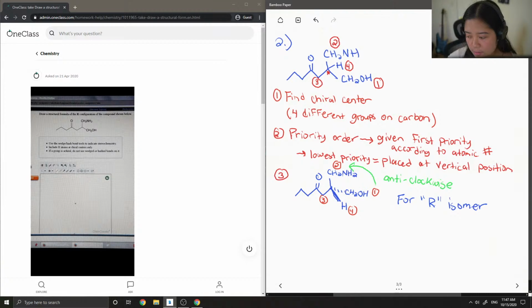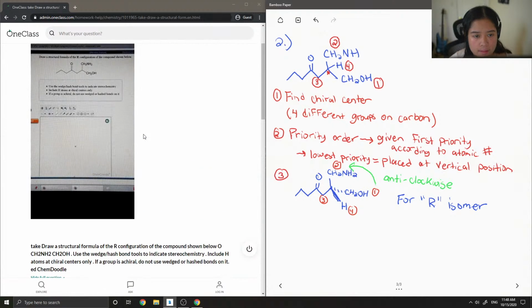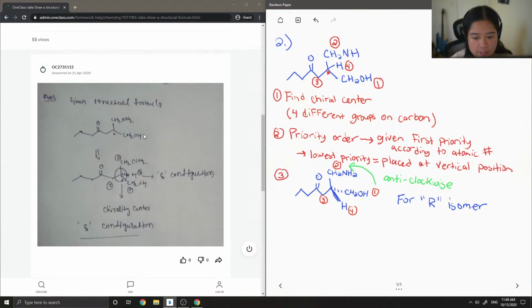Okay, so let's double check our answers. Given the structural formula, I think they drew it as S configuration. But they found the correct chirality center and they labeled it correctly. It's just a matter of positioning your groups so that it moves in the right direction. So they also drew it anti-clockwise.